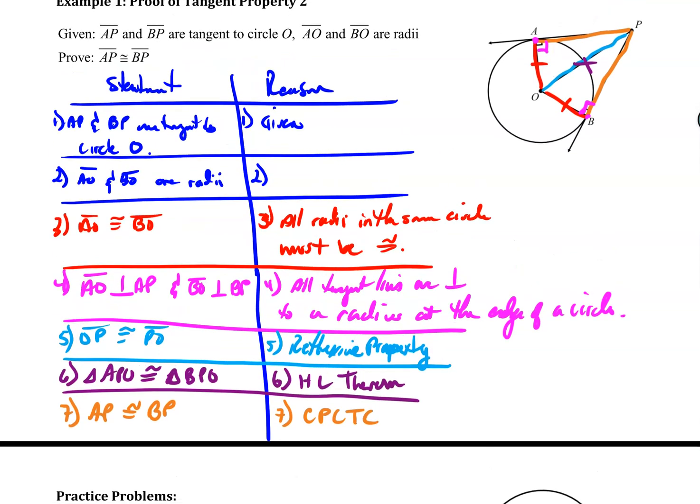So we just proved that if I have a point outside of the circle, in this case point P, and I draw a tangent line to the circle from it, each of these pieces is going to be congruent to each other.